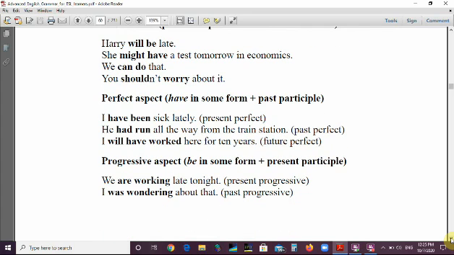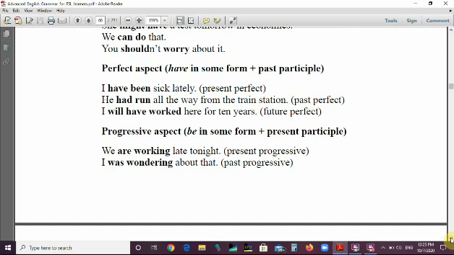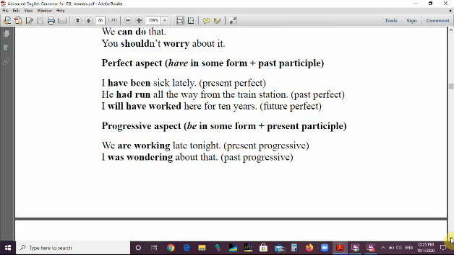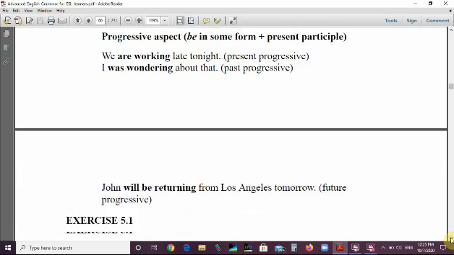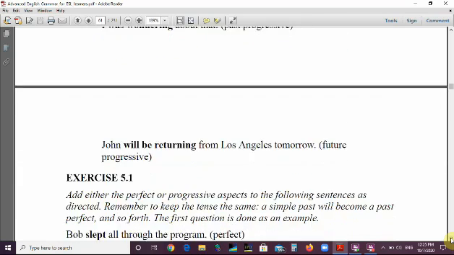Perfect aspect: we have has, have, or had. By have, I mean the verb to have, and the past participle: I have been, he had run, I will have worked. Progressive aspect: we have the verb to be in some form, am, is, are, or was, or were, plus verb ing. We are working, I was wondering, John will be returning, and so on.